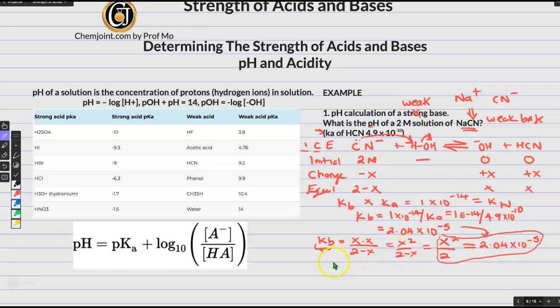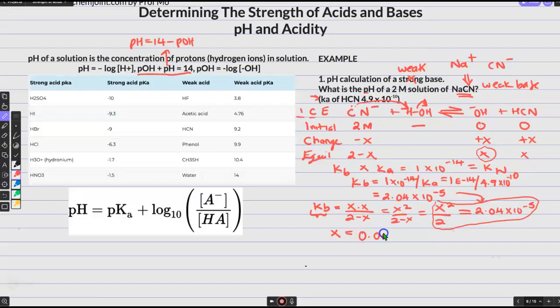Solve for X, you'll find that X will be equal to 0.0063875. That is the value of the concentration of the hydroxide, which will help us to find pOH, and then to find the pH, we'll insert our answer here, 14 minus pOH, we get the pH.